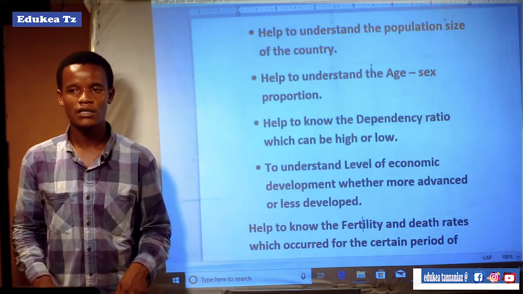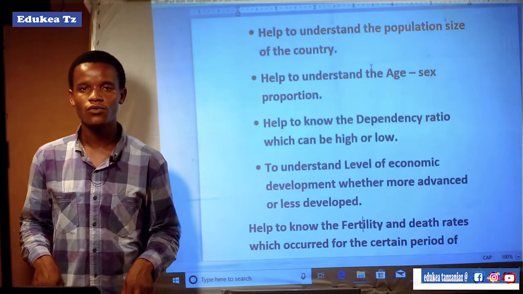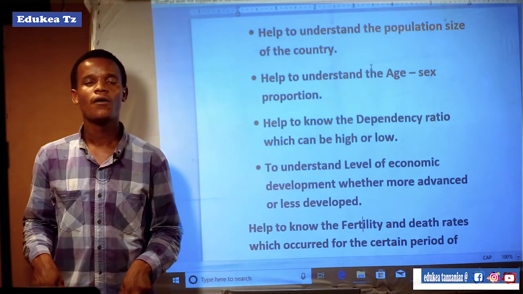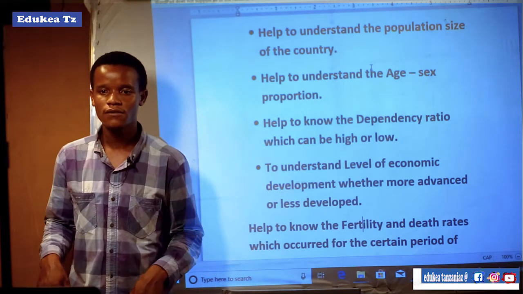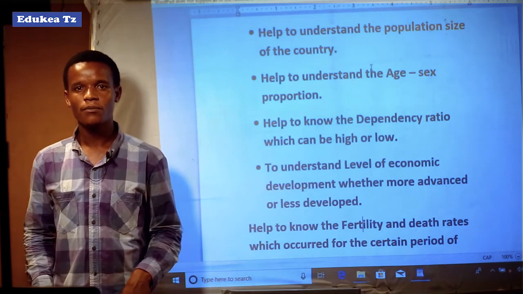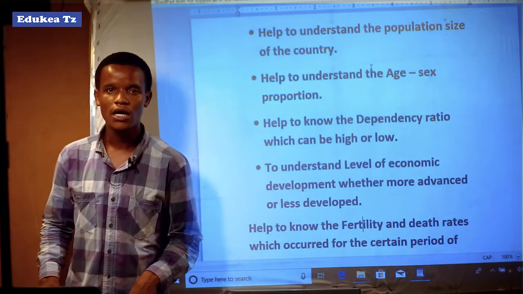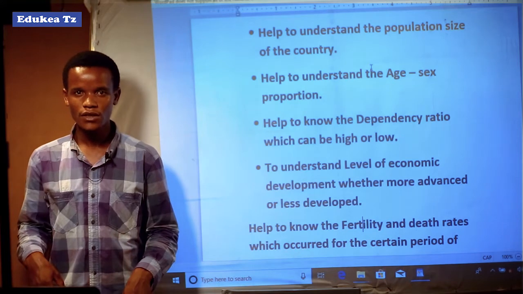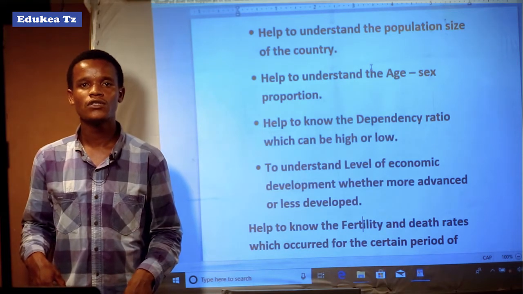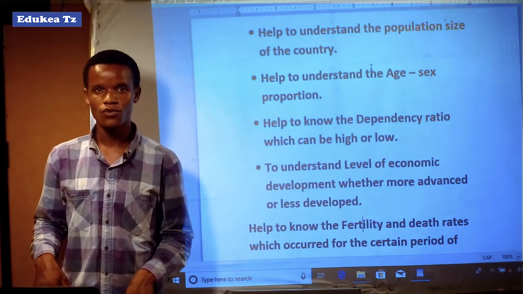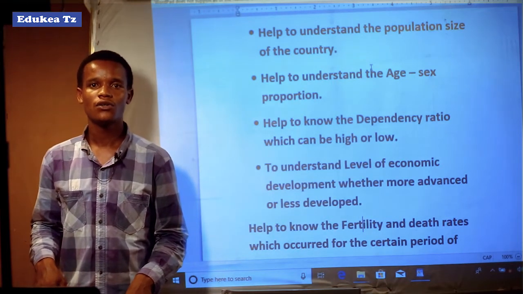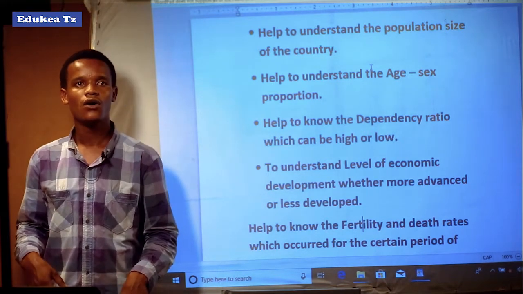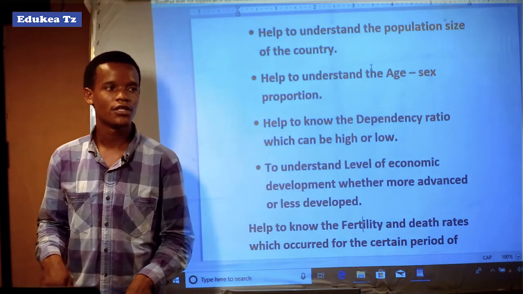The aging population age group tends to have a higher dependency ratio due to low productive force. For example, those who are 64 and above tend to depend much on others, since they do not have the power to produce. Hence dependency ratio takes place. And this dependency ratio tends to differ; it can be either high or low. It depends on the kind of population of a certain area.